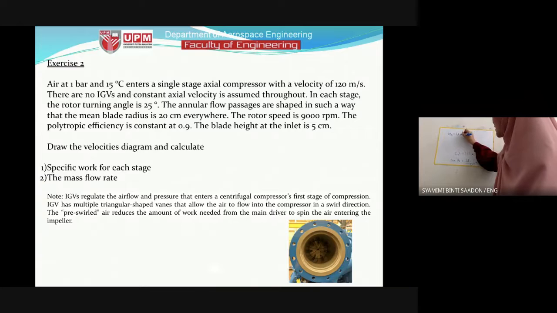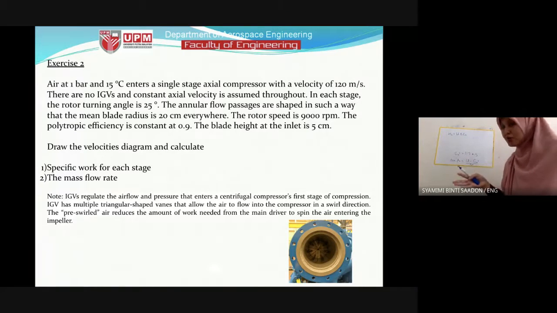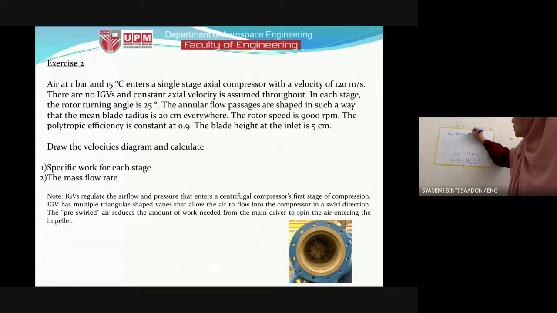Ws is U times the change in the tangent component of absolute velocity, which is actually CU2 minus CU1, but here CU1 is 0, so you only need CU2.